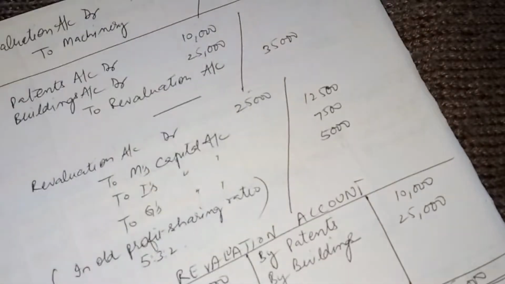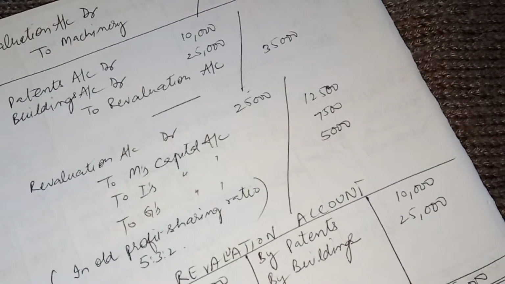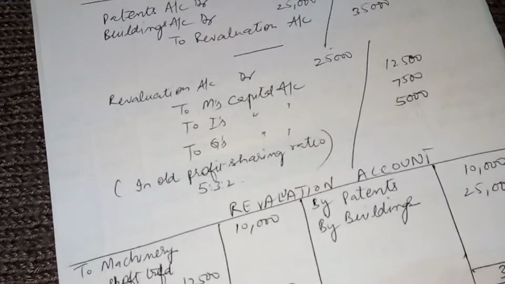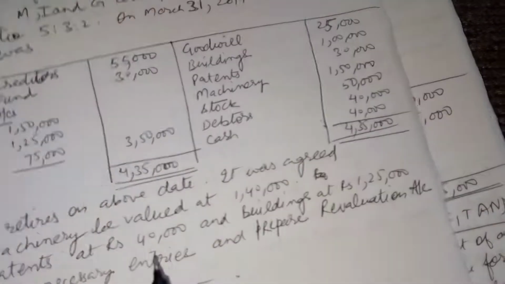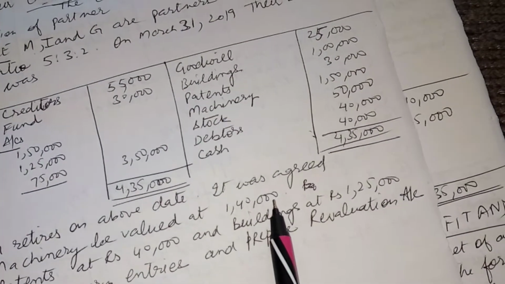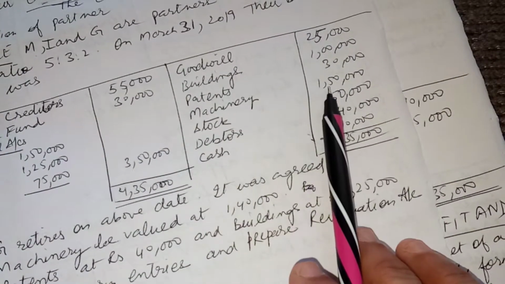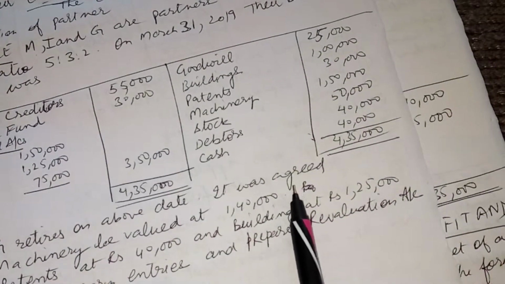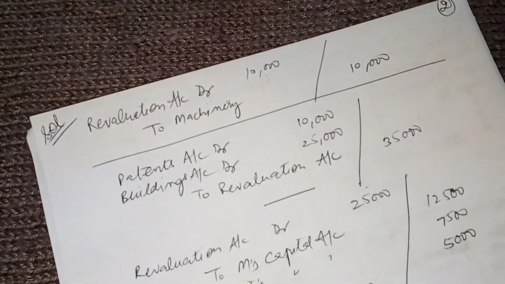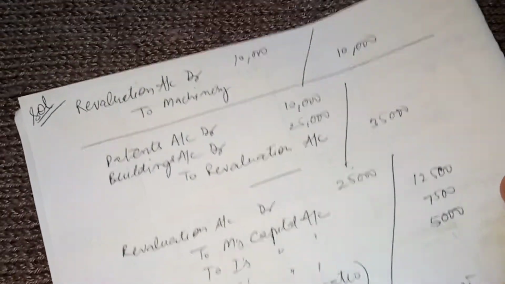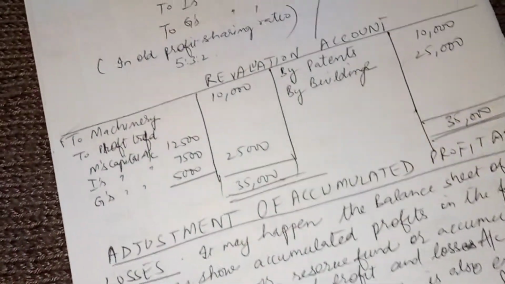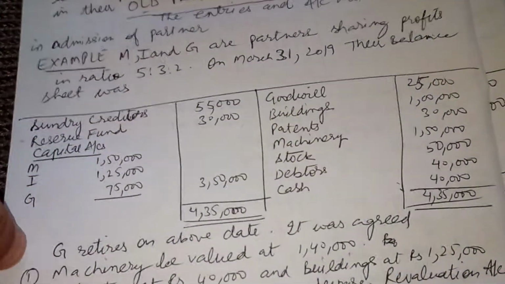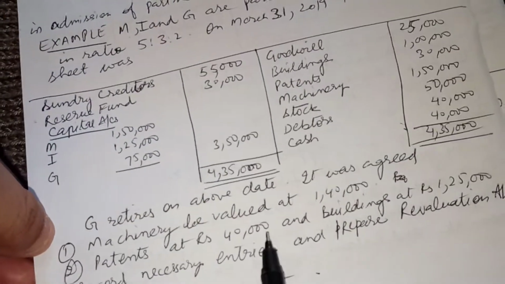So let us check here. First, the revaluation account. The first entry: machinery was to be valued at 1,40,000. Earlier the machinery was 1,50,000. That means there was depreciation of machinery. So machinery is entered on the debit side. Second, patents to be valued at 40,000.